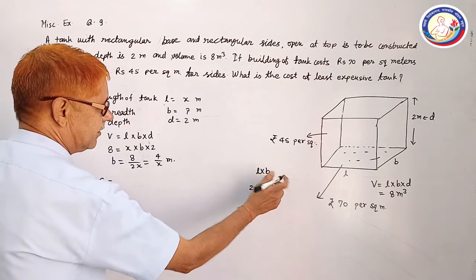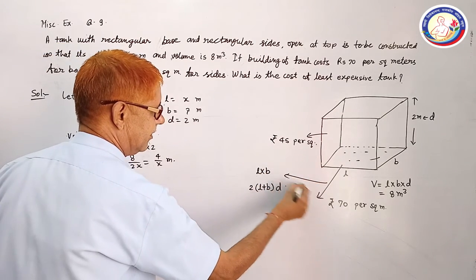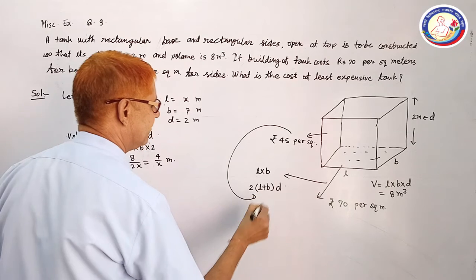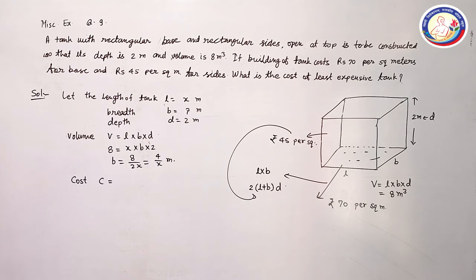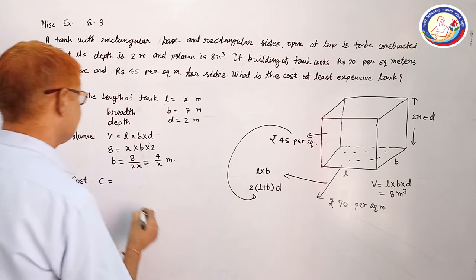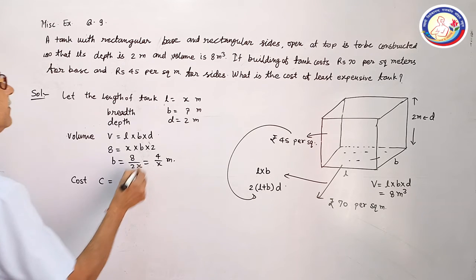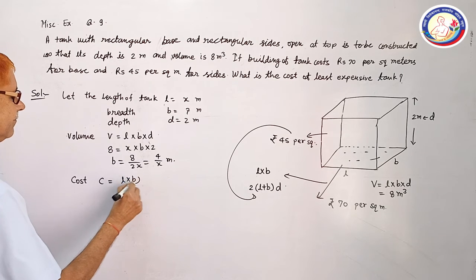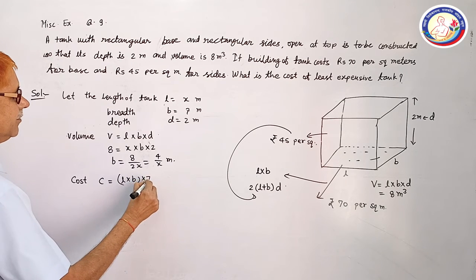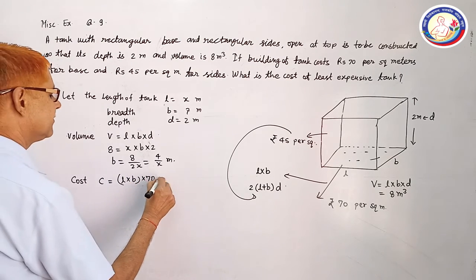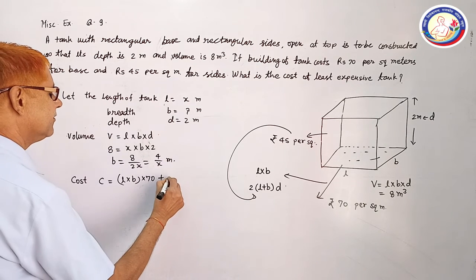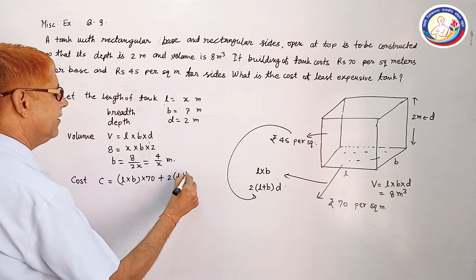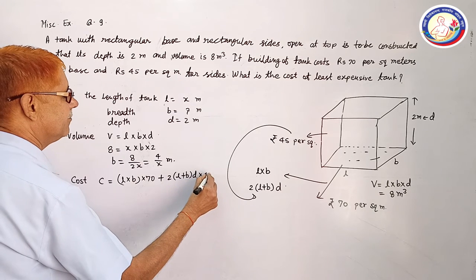For construction of the base, the rate is 70 rupees, and for the walls it is 45. So we are finding the cost function here. The base is L into B, here the length is X, at 70 rupees, plus the 4 walls, 2 into (L plus B) into D, at 45 rupees.